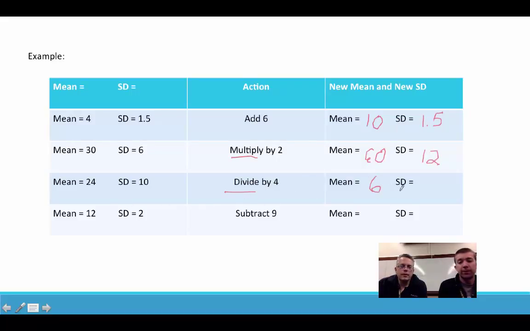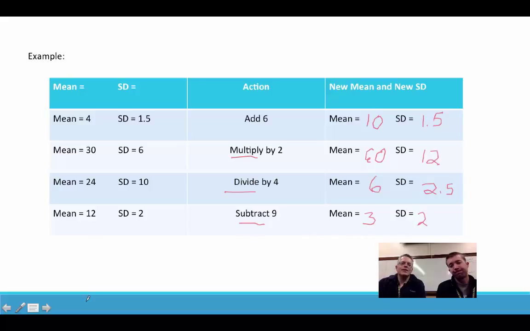This should be 2.5. If multiplication stretches the data out, we'd expect that dividing by a number bigger than 1 would shrink it. Correct. Then 12, subtract 9, would be 3. Standard deviation of 2, subtract 9, nothing happens because I'm subtracting.